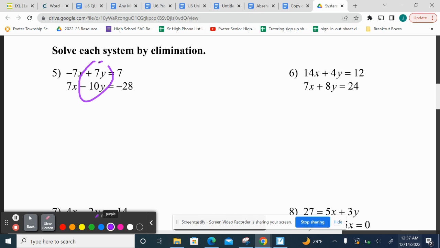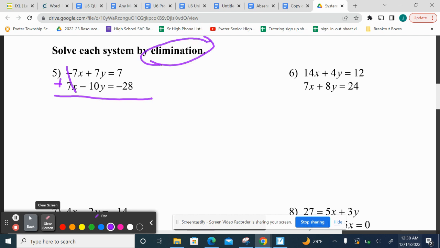They are both positive and negative, however, they won't cancel each other out because they're not the same number. If this was a positive 10, we'd be good to go. But that doesn't work. However, right here, you have exactly what you need. Both 7x's, one is positive, one is negative, and so you could add right away. These would cancel. That's the elimination, and you'd be good to go. Okay?